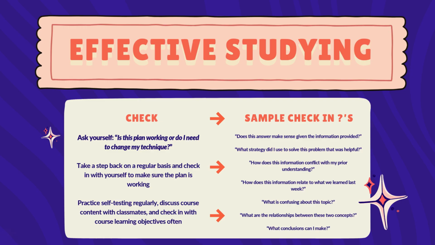You could practice self-testing regularly, discuss course content with classmates, or you could check in with course learning objectives often. These are all different ways that you can check in with yourself to make sure that the technique and the plan that you've developed earlier on in the semester is still holding strong at the point of the semester you're in currently.